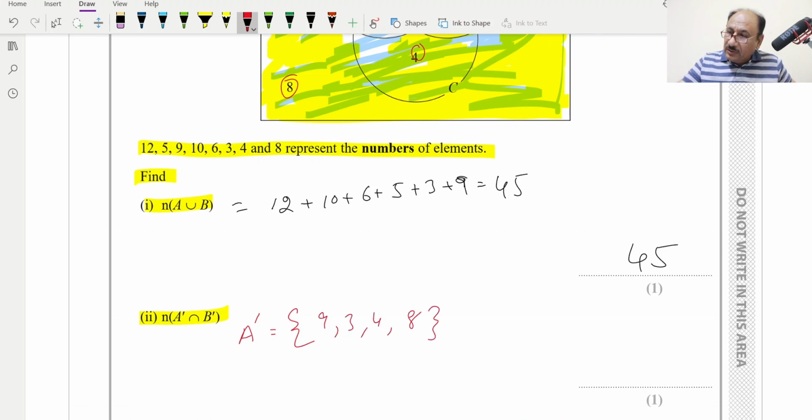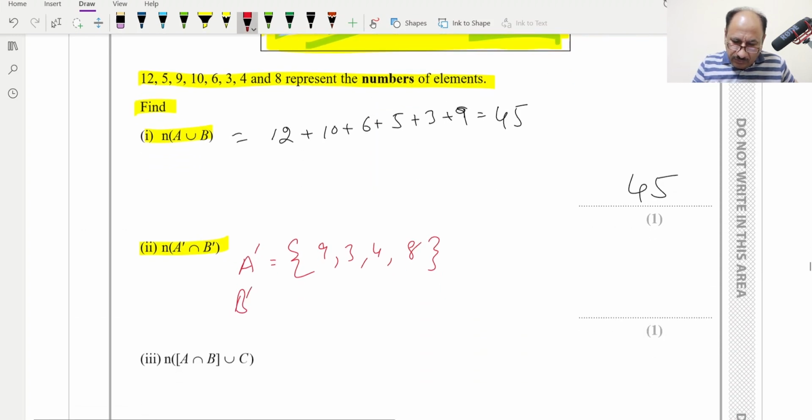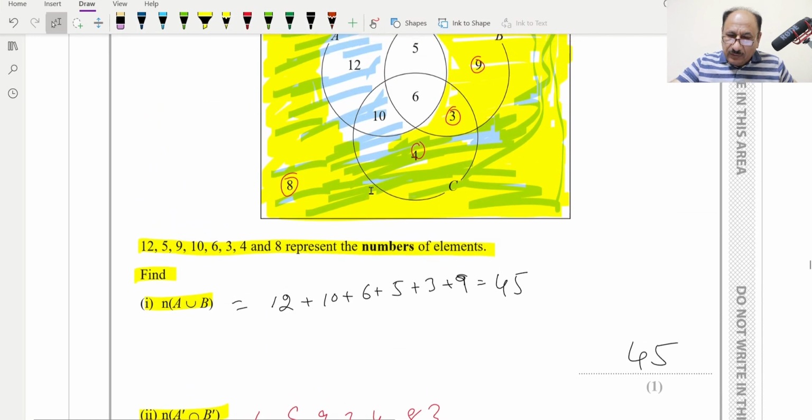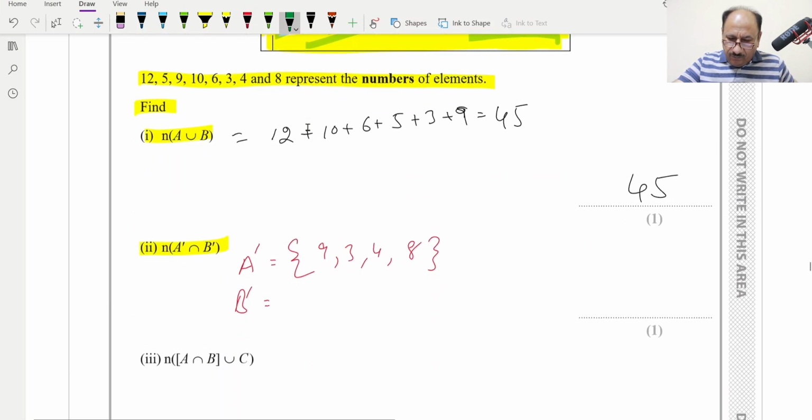This will be our A complement, and B complement will be what? B complement will be not in B, so it will be 12, 10, 4 and 8.